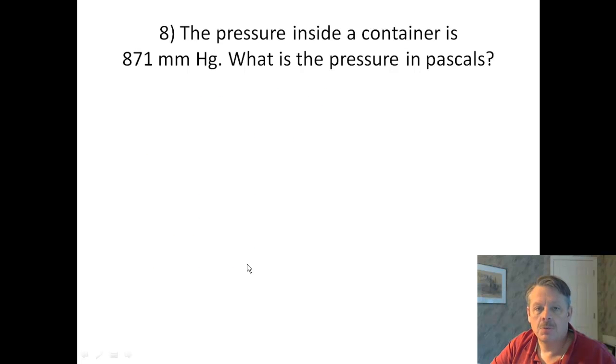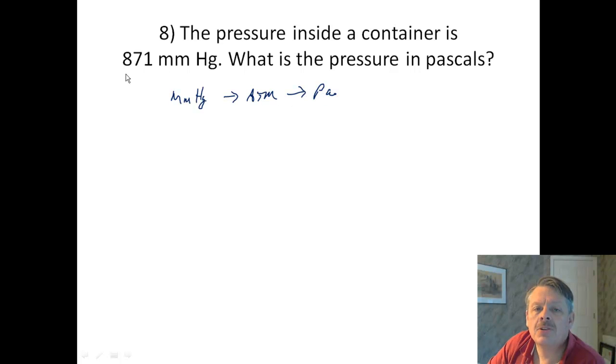Let's go on to number 8. The pressure inside a container is 871 millimeters of mercury. Now, guys, as you start to do this, you can say, well, I'm going from millimeters of mercury to atmospheres and then to pascals. But I can see that that's a little bit more than 1 atmosphere. So if there are 101,000 pascals in an atmosphere, my answer is going to be maybe 110,000 to 120,000 pascals.